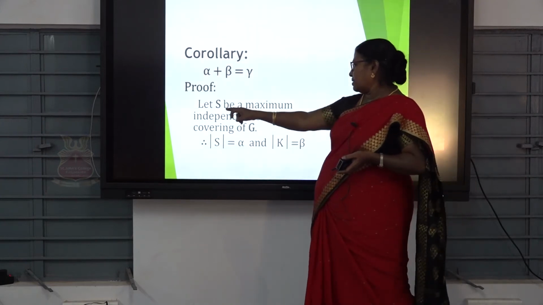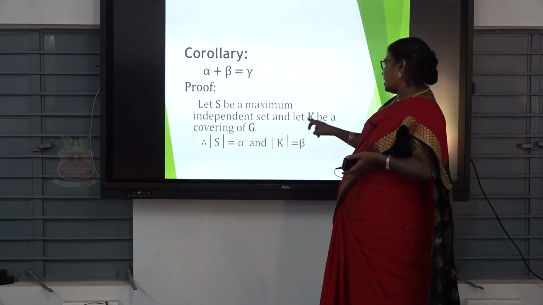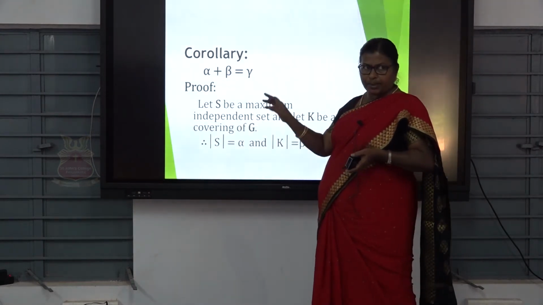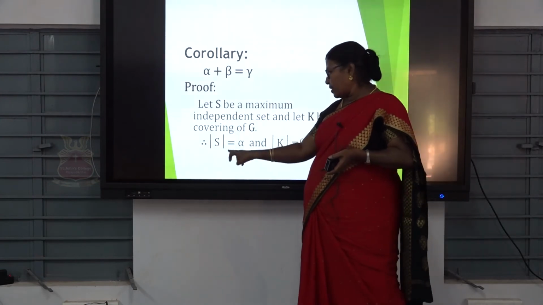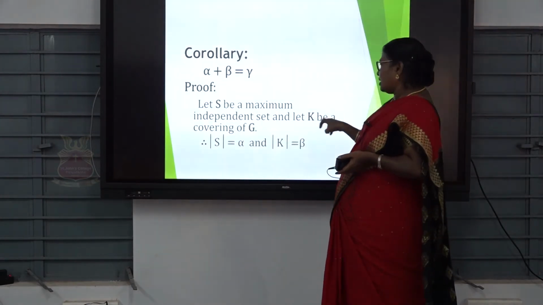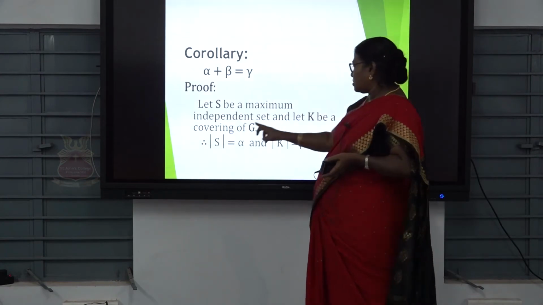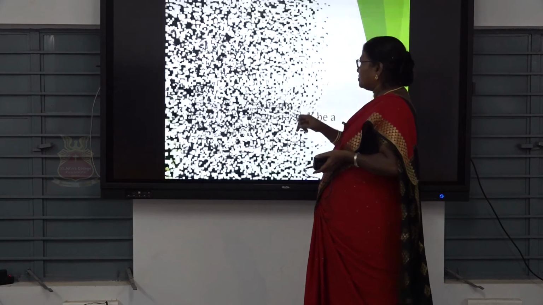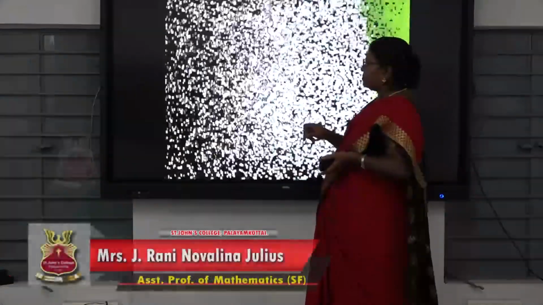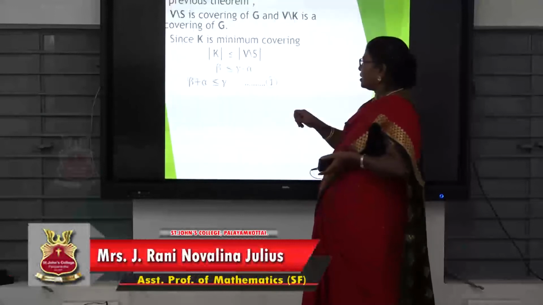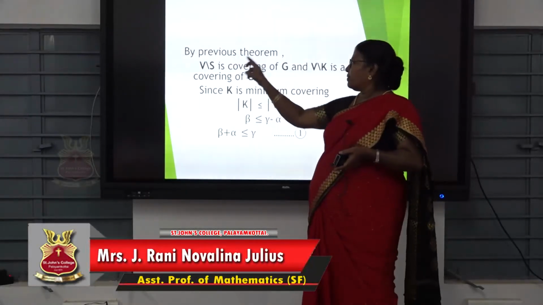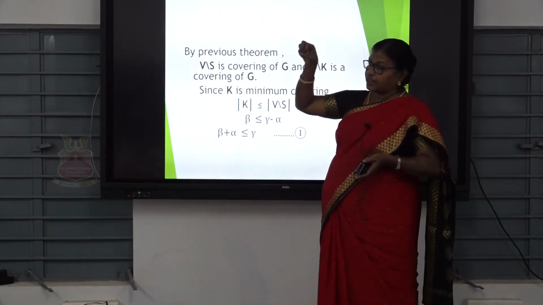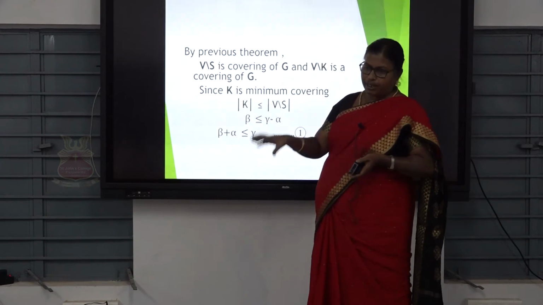Now consider, let S be a maximum independent set and K be a minimum covering of G. So S is a maximum independent set means the number of elements, that is mod S, equals alpha, and K is a minimum covering, so the number of elements in K equals beta. By the previous theorem, S is an independent set, we are not considering it as maximum, let it be an independent set.